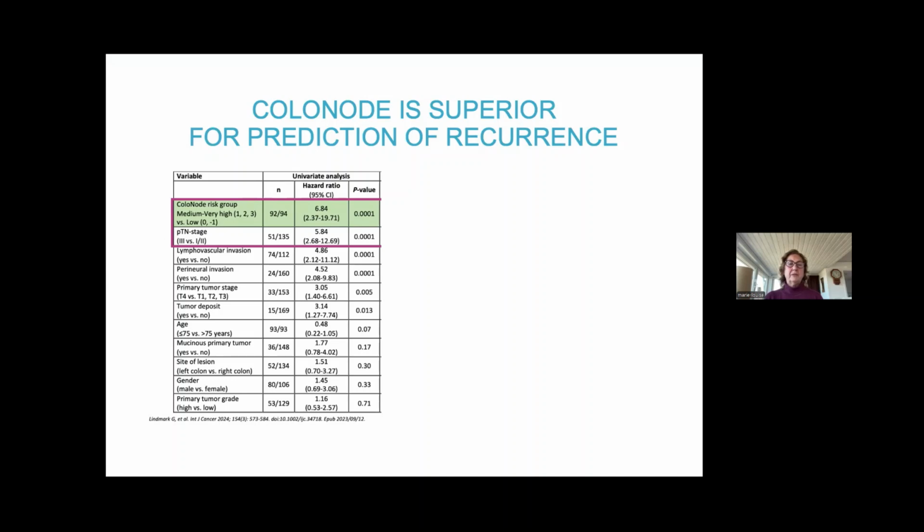It was 6.84, as we said before, and the lymph node status by standard histopathology came in second place. This is pTN stage there with a hazard ratio of 5.84.